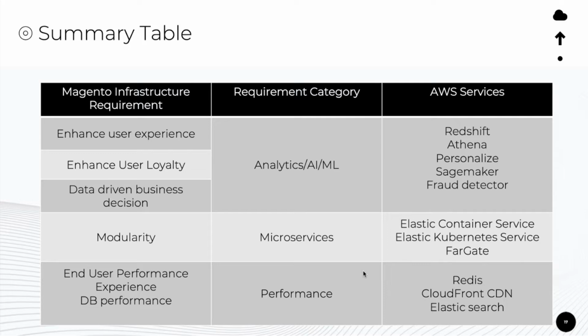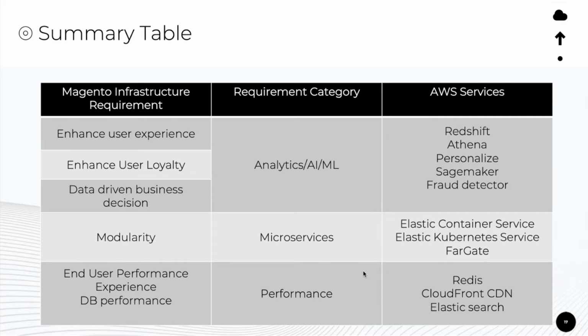Having microservices also serves modularity and makes the best use of the modularity and flexibility of Magento, using Elastic Container Service and Elastic Kubernetes Service with the PaaS, platform as a service, offering from Fargate.